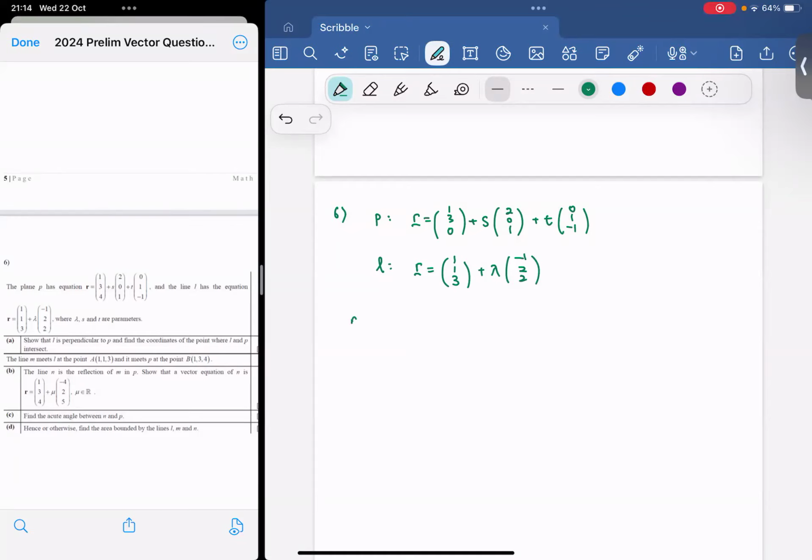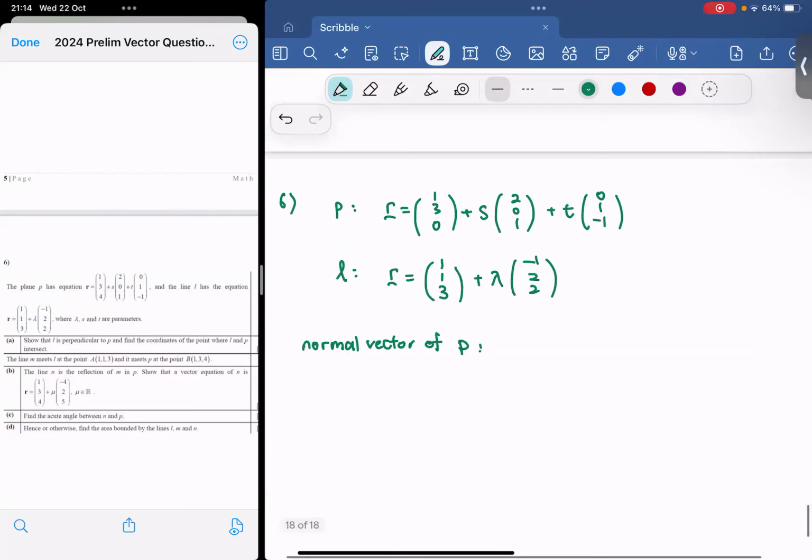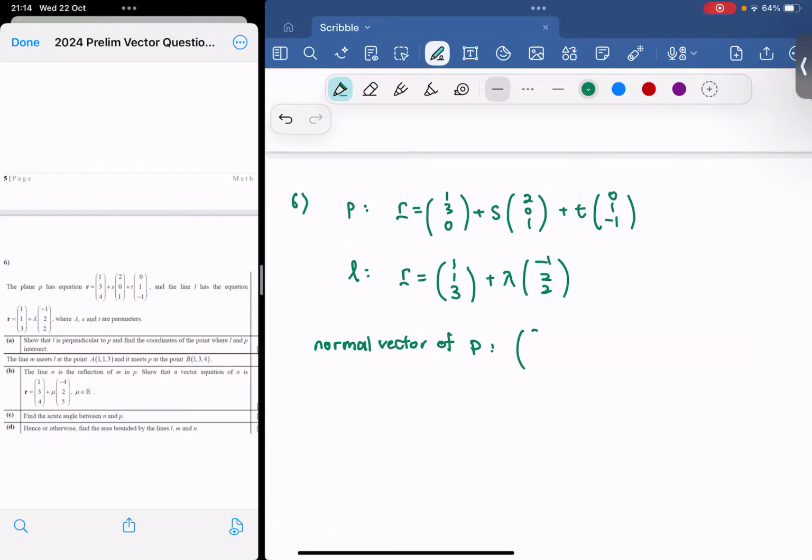So first we find the normal vector of P. How to find the normal vector? We will cross: (2, 0, 1) cross (0, 1, -1) gives (-1, 2, 2).